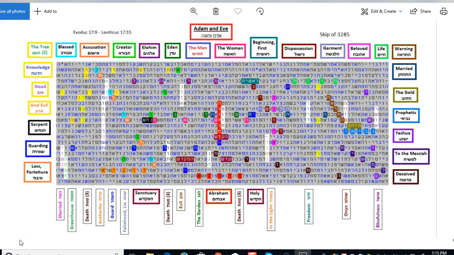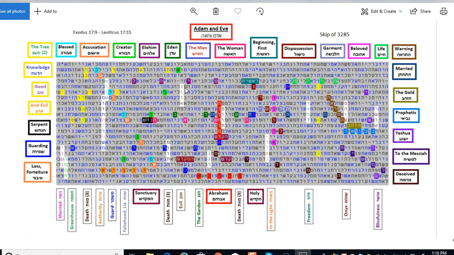And so accused is here in the orange, going up diagonally. And so what she did was evil, and evil is here.